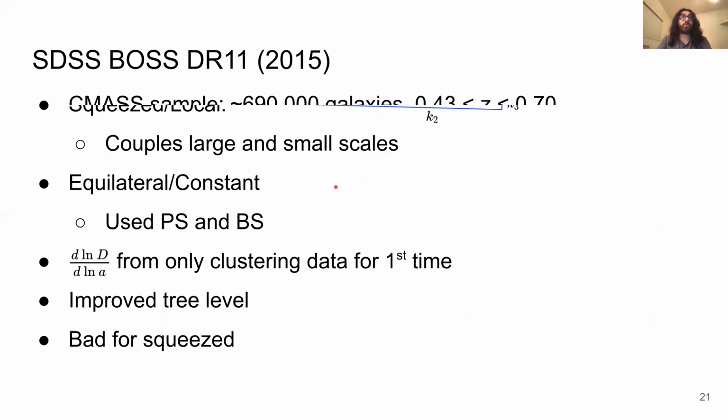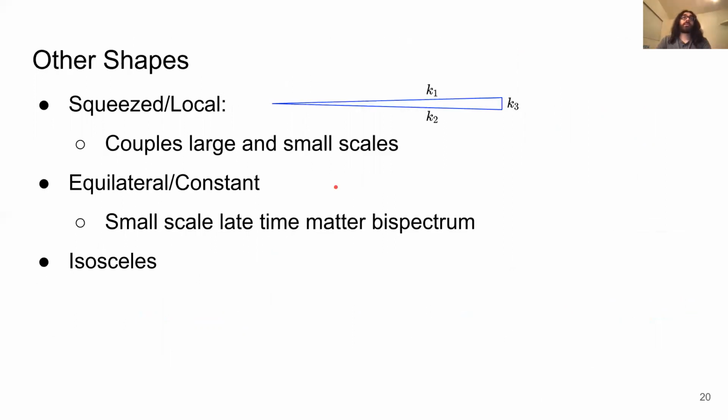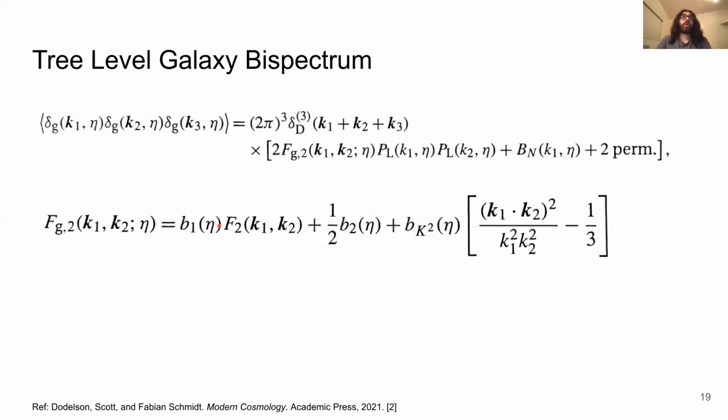As we saw previously in the galaxy bispectrum, you have not only this one bias factor, but you have multiple bias factors here. And normally, if you're working in the linear regime, like in the linear power spectrum, you only have one bias factor. And so that causes a bit of a degeneracy with sigma 8.